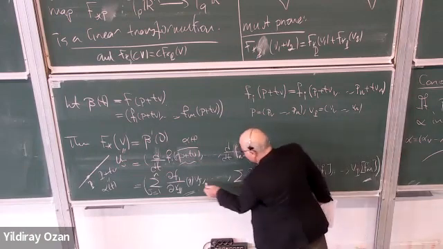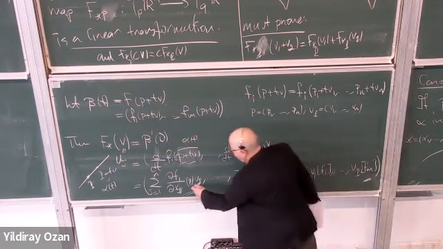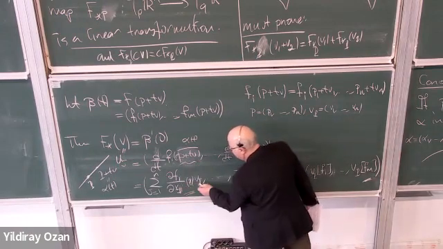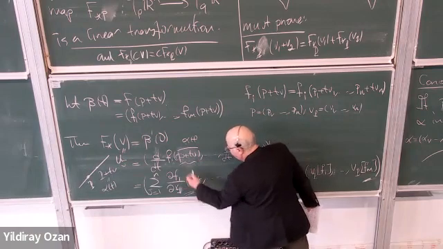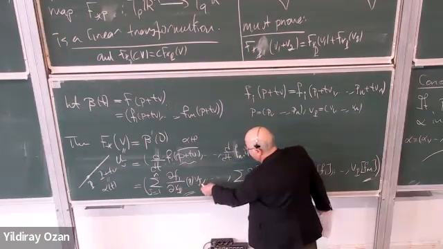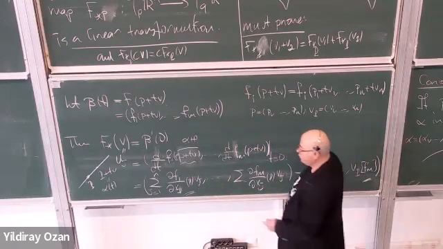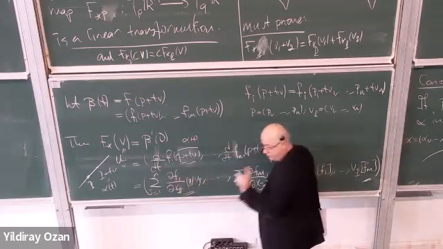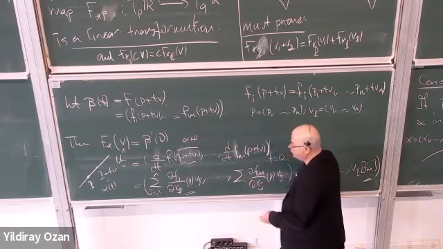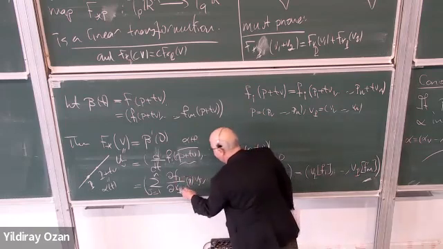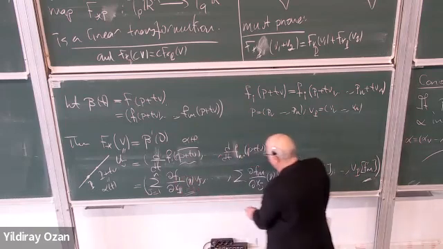Therefore, in each summation, there are n terms, but all of them are 0 except the jth one. So we pick the jth term of this summation. The other ones are 0. Jth one is 1. All others are 0. Therefore, this is not just a sum, it's a single term because all others are 0. So it is just del f del xj times vj.